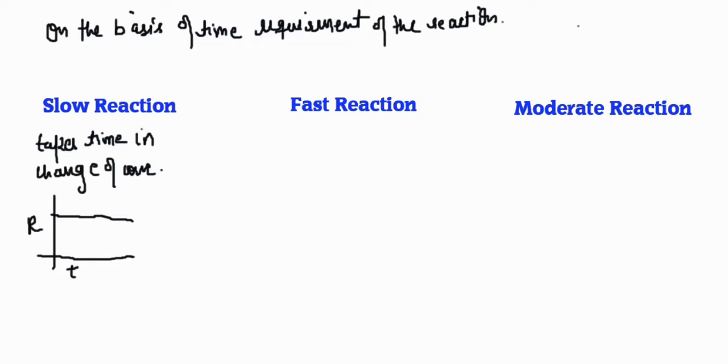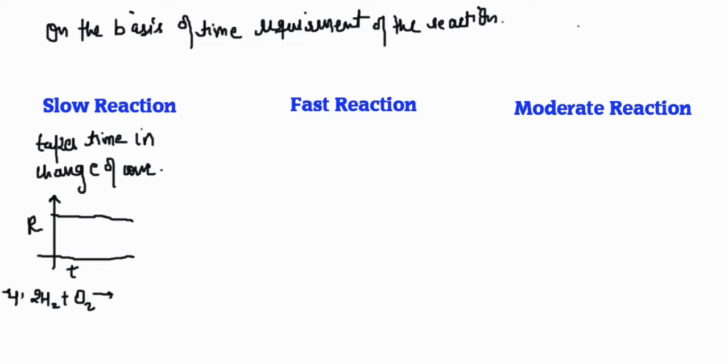What are examples? 2H2 plus O2 gives 2H2O in liquid form. These are examples of slow reactions.